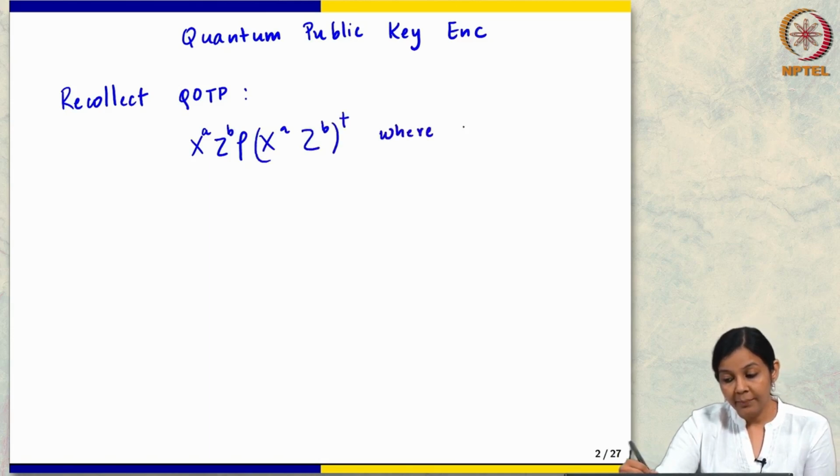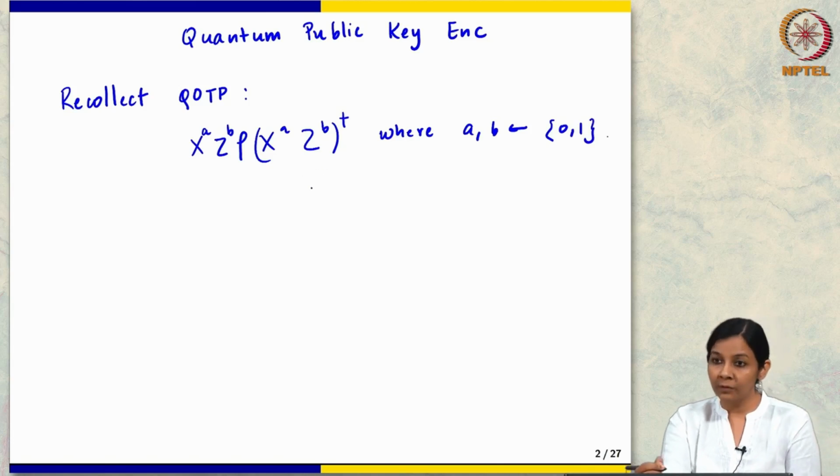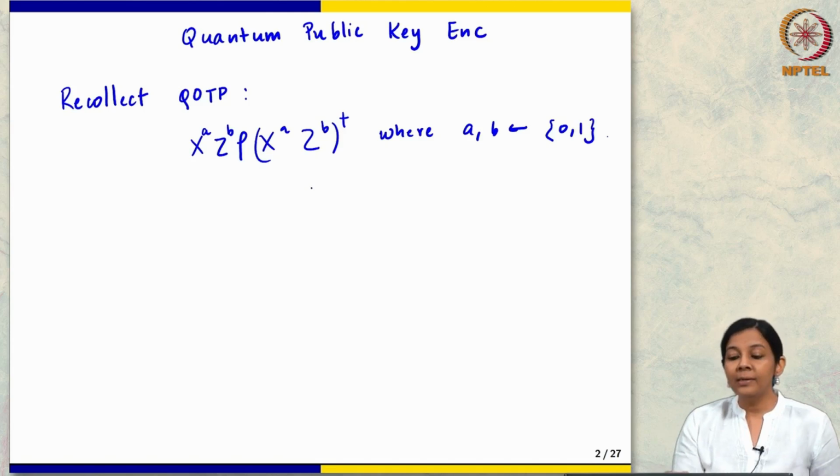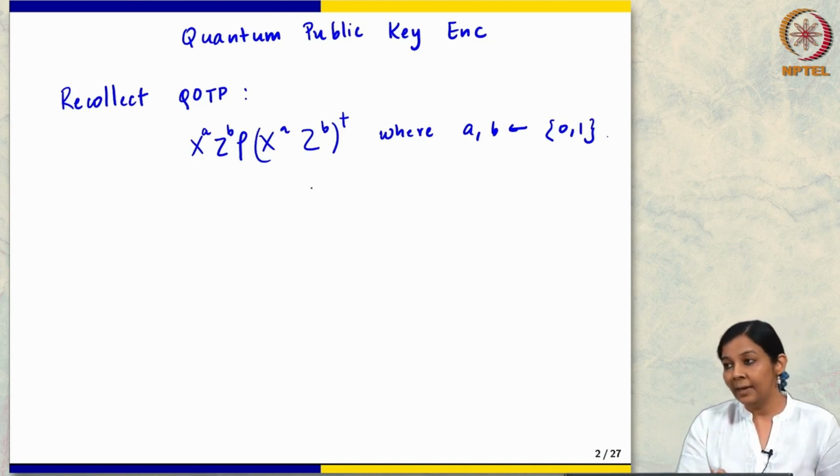And here a and b are random classical bits. Do you all remember this? So, we did a proof as to why this was a quantum one-time pad. We did this last time. And now my question is how do I generalize this to a public key encryption scheme?